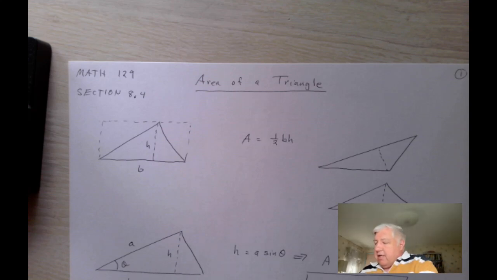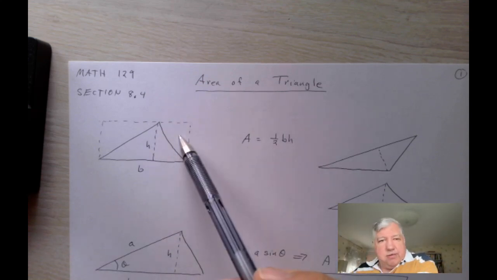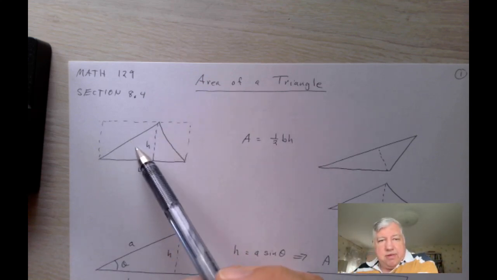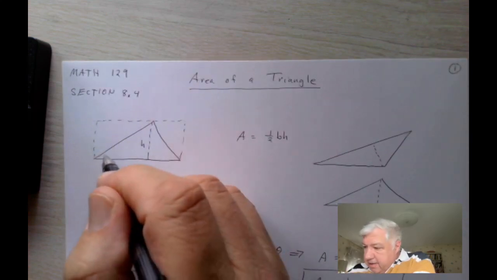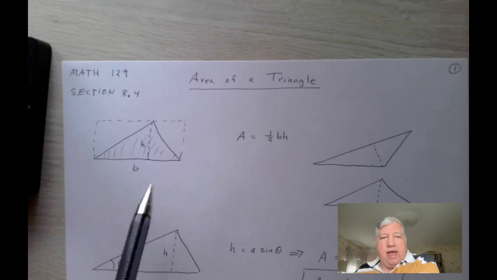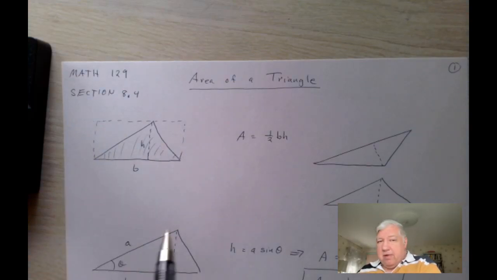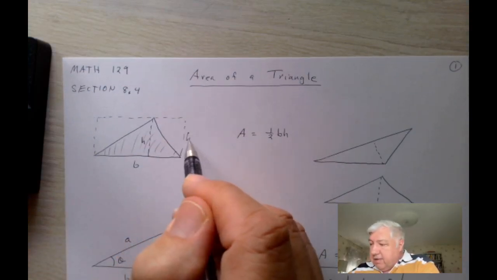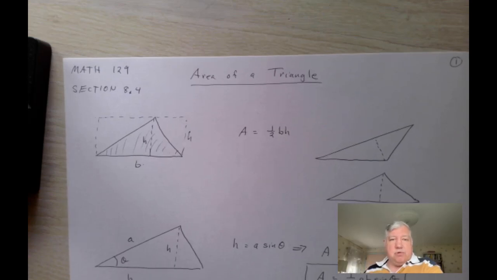Because this area and this area are the same, and this area and this area are the same, the area of this triangle is exactly half the area of this rectangle, and the area of the rectangle is base times height. So the area of the triangle is half of that.